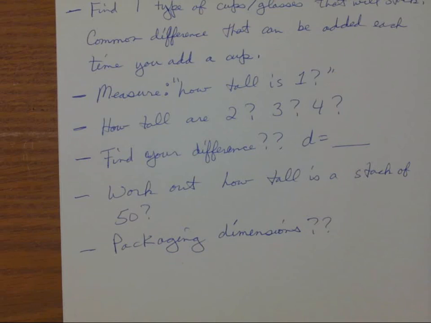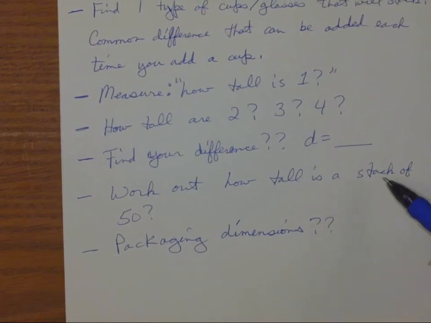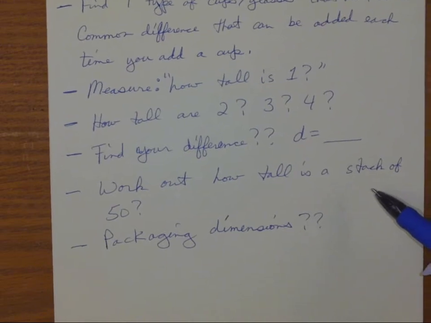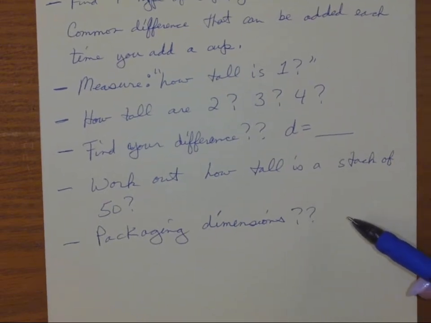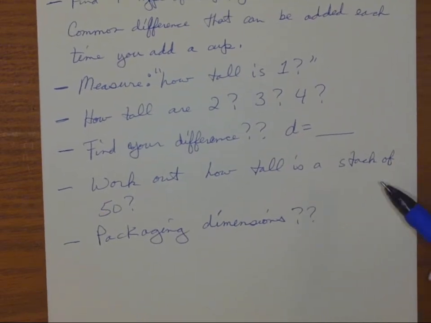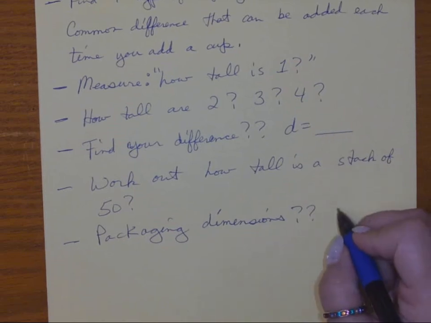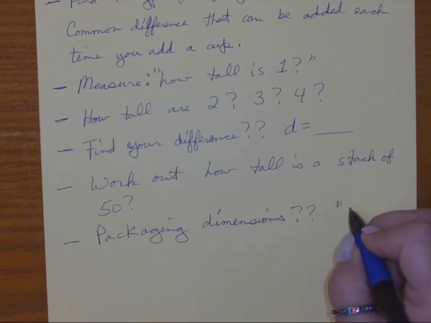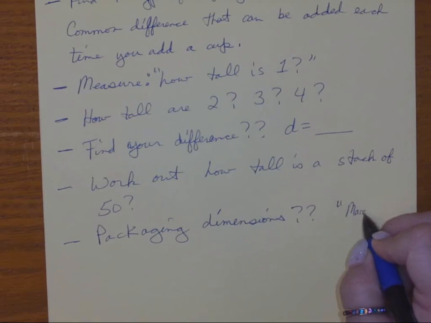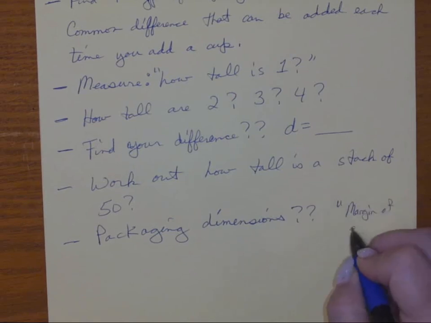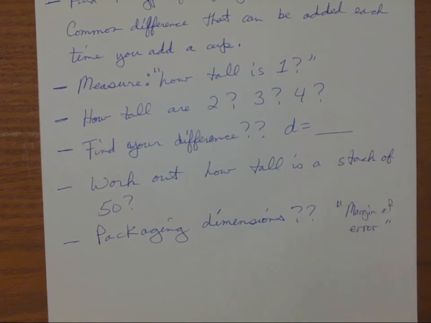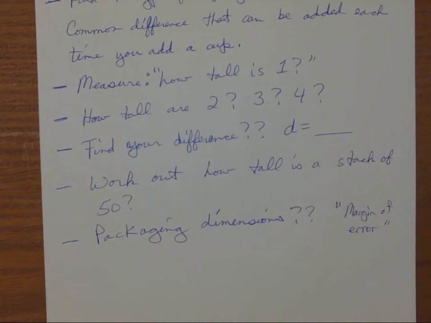Yay, very good. Okay, so think about that, because if you just give exactly the height of the stack of 50, then your packaging won't quite go around it, right? So you're going to need to figure out some little bit of leeway, a little bit of margin of error to allow for the wiggle room, so to speak, that I need in there. So work through that particular thing.